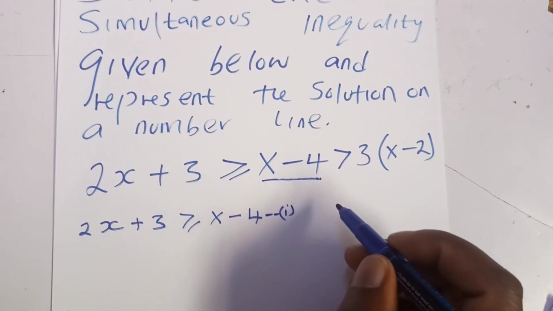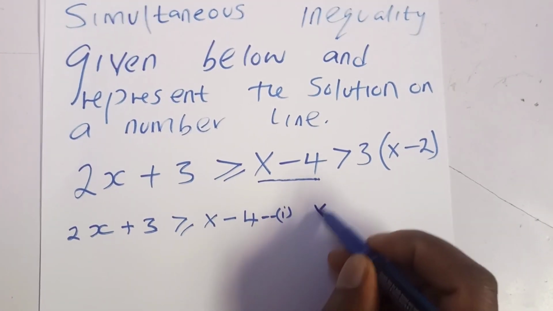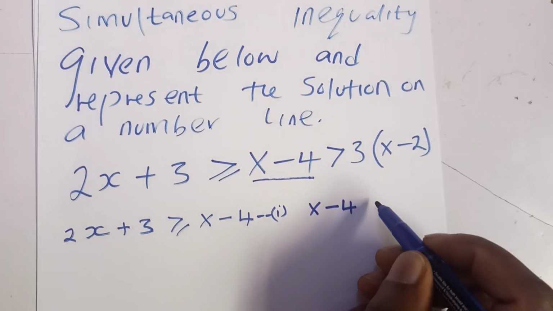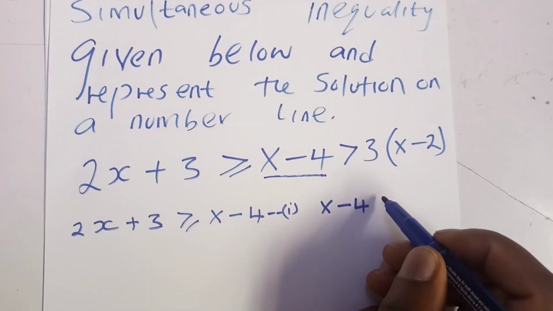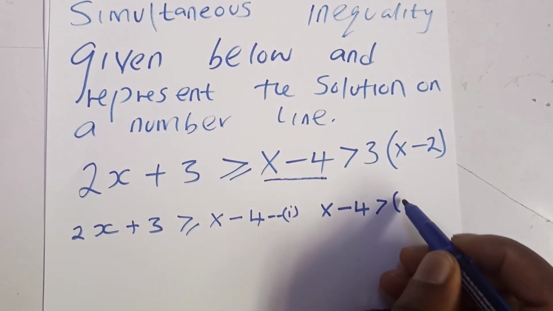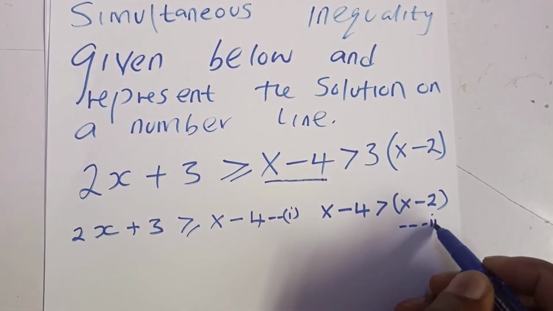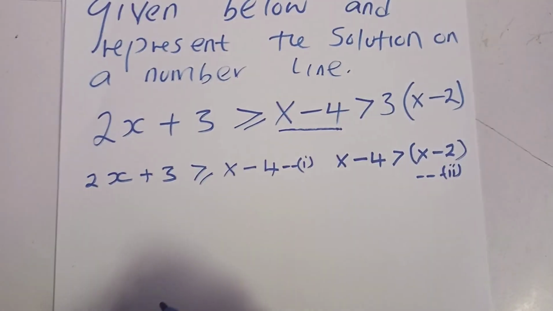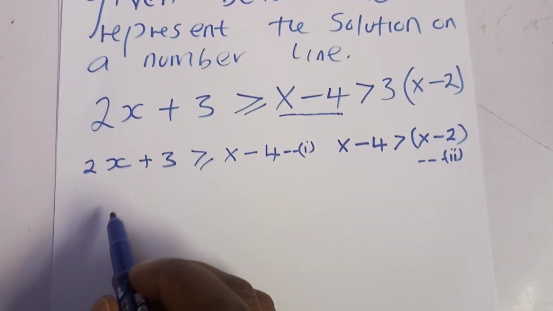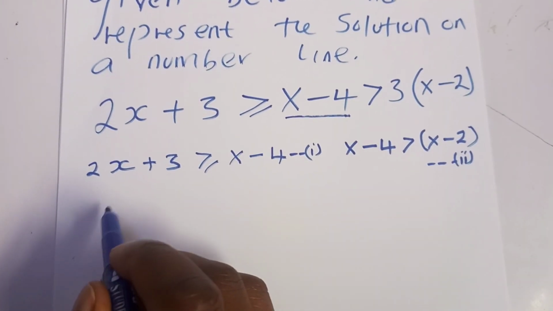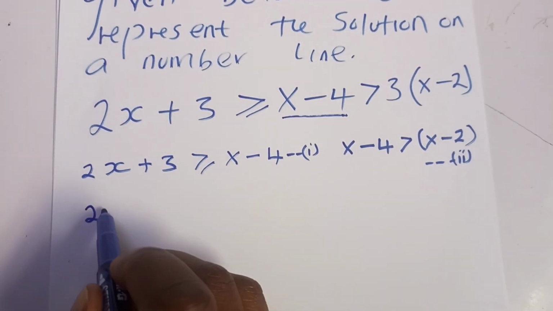Then inequality number 2 will be x minus 4 greater than 3 into x minus 2. That's the first task, to separate the two, and then we can solve the two by collecting the like terms.